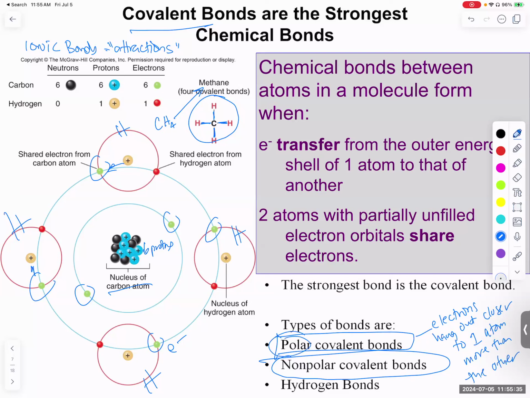Okay, so that would be polar. The electrons are going to be closer to one, and then the proton is kind of separated from that electron, and so it takes on a little bit of a charge. Nonpolar, the electrons and protons are equally shared.